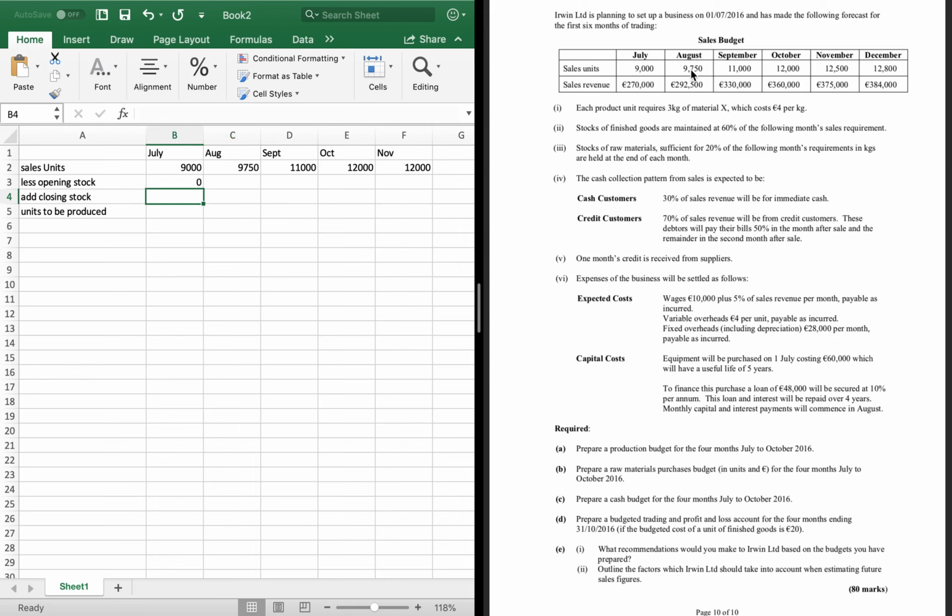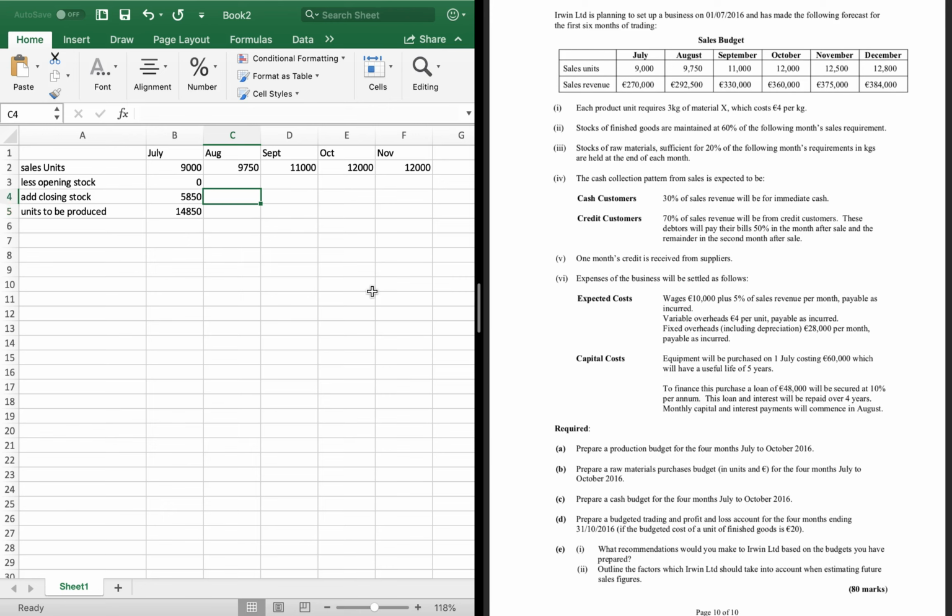So we'll find that 0.6 of August sales, 9,750, and that's 5,850. So that'll give you 9,000 minus 0 plus 5,850, which is 14,850. So that's how many we need to produce in July.